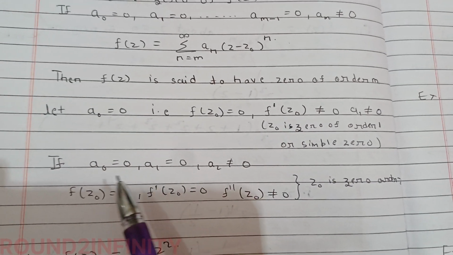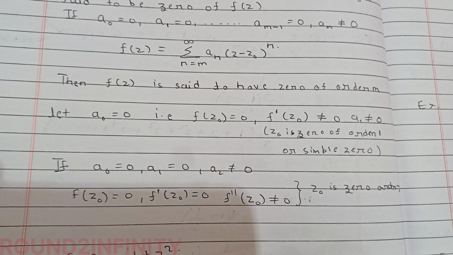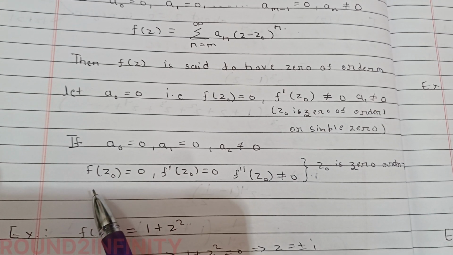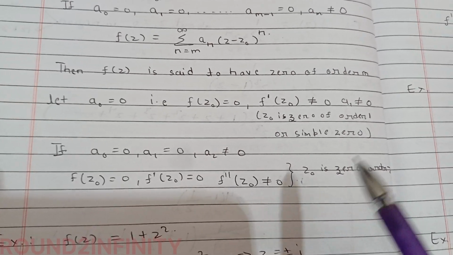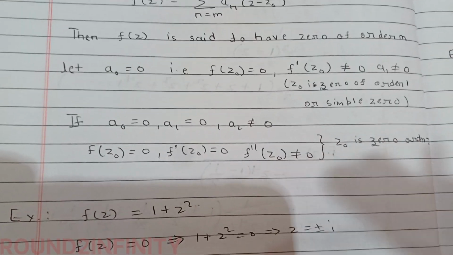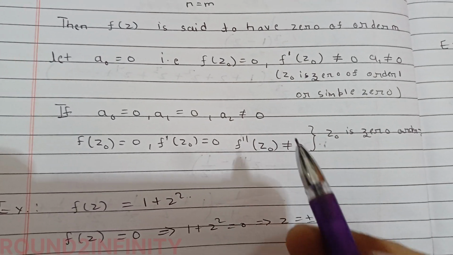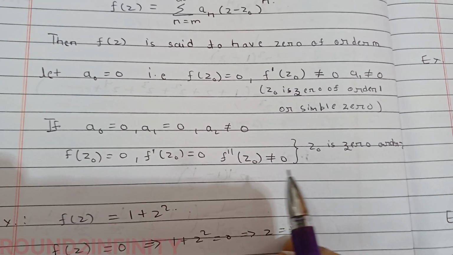Like here you see a0 equal to 0, a1 equal to 0, a2 is not equal to 0, so it will be a zero of second order. Means you will get f(z0) equal to 0, f'(z0) equal to 0, but f''(z0) is not equal to 0. So z0 is a zero of order 2. So at the point where the derivative is not becoming 0, we call that the order of the zero.